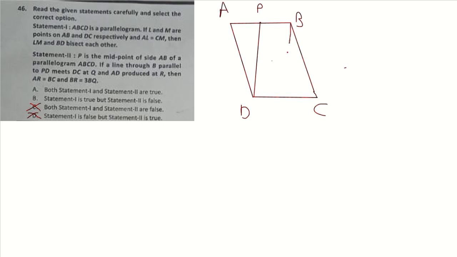we have a parallel line BQ, and this means AD produced at R. So when we produce AD, this line BQ, actually I'm just gonna draw this.